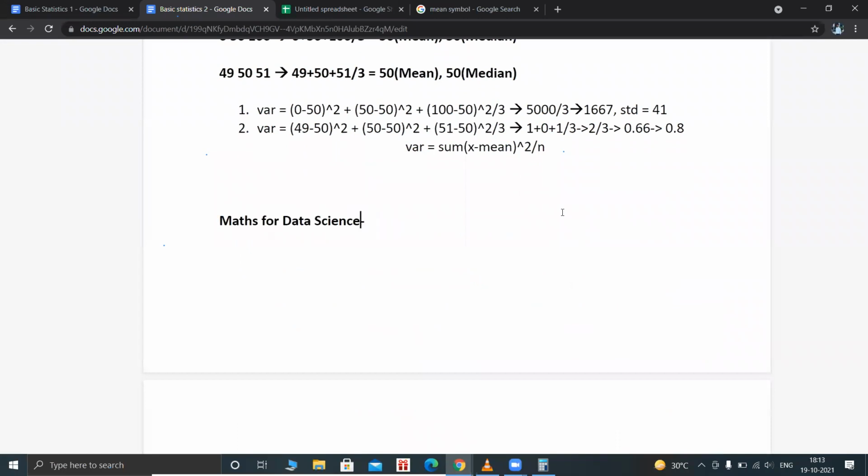Maths for data science consists of 4 parts. The first one is linear algebra, and the next ones are statistics, probability, and one more thing, calculus.